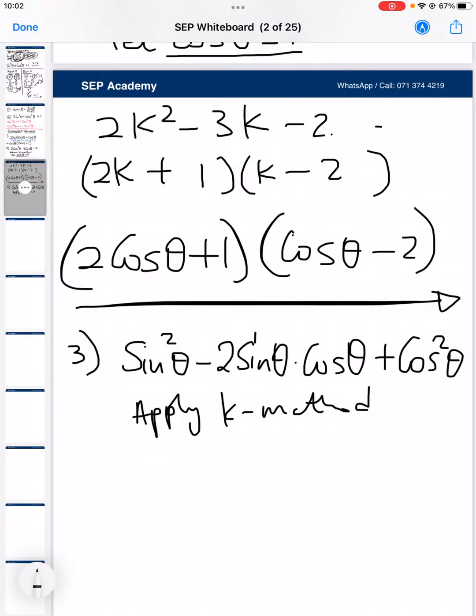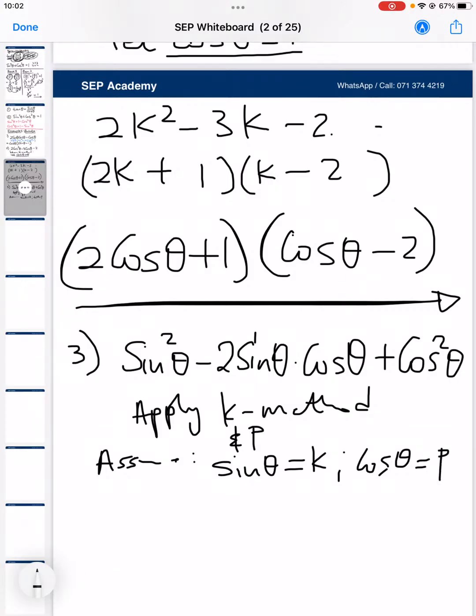The K and another letter, let's say letter P. You need to clearly state that we assume sine of an angle to be K, and cos of an angle we assume to be P. Then from there, you can say I'm having K squared minus 2KP plus P squared.